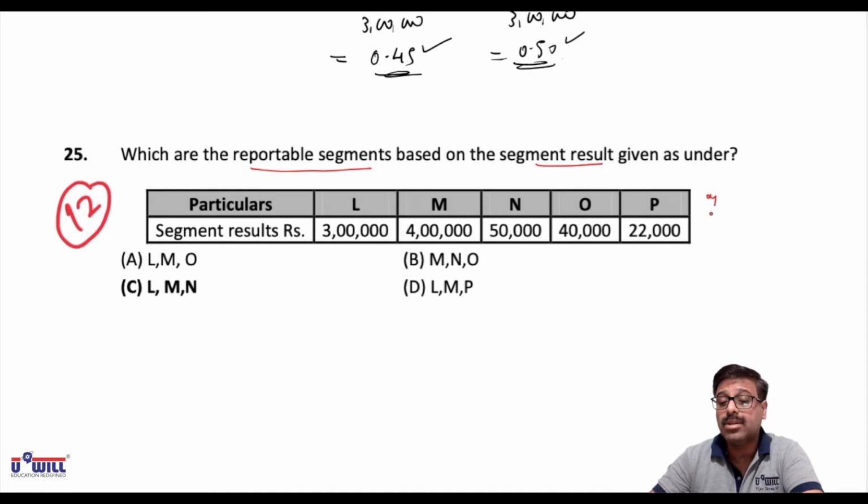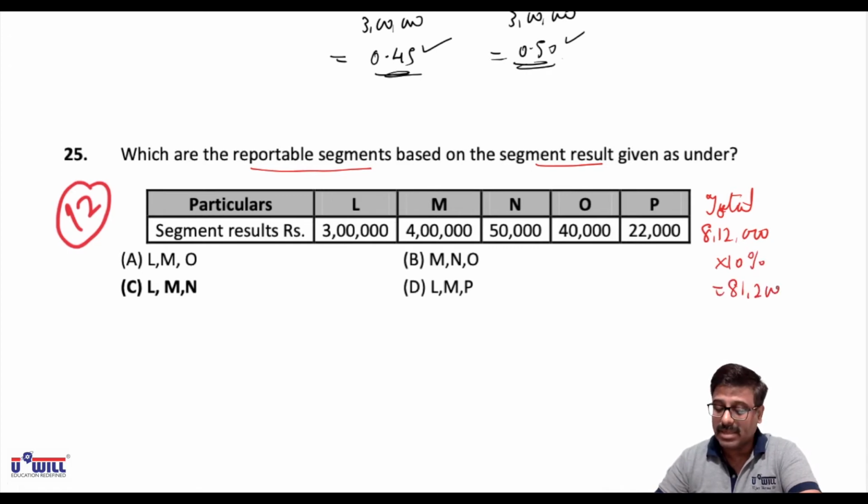So first do the total. 3 lakhs plus 4 lakhs plus 50,000 plus 40,000 plus 22,000, that is 8,12,000. Now what is 10% of that? 81,200.